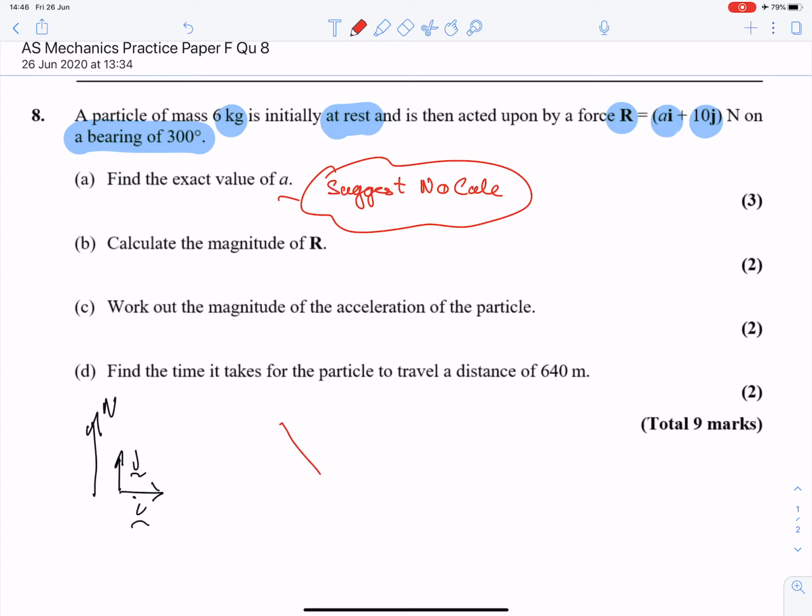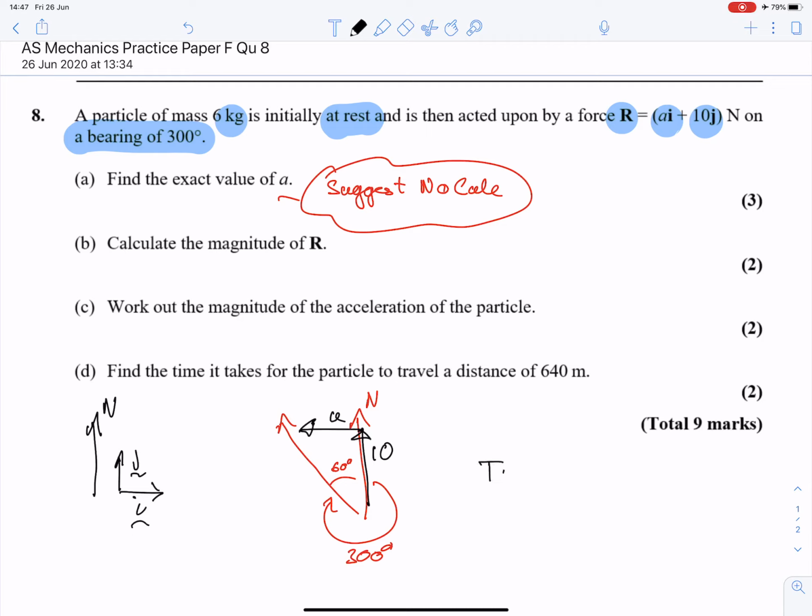So we've got 300 degrees, there's north, so this in here is 60 degrees. And we need to make a right-angled triangle. So we've got j is 10 newtons, and we've got a here.